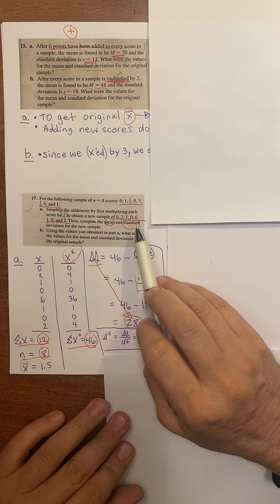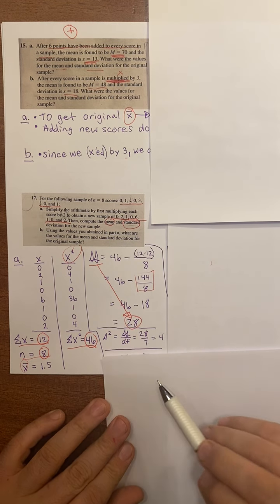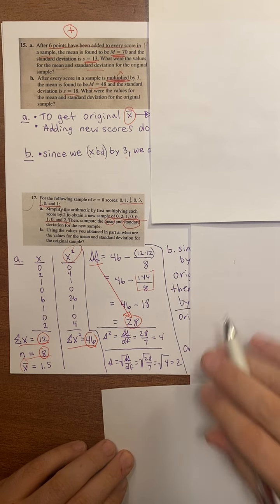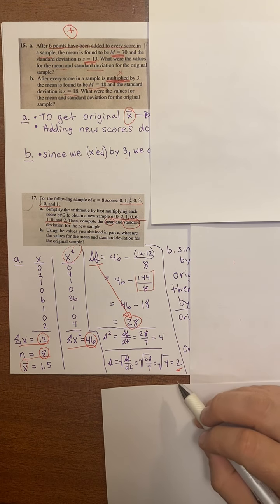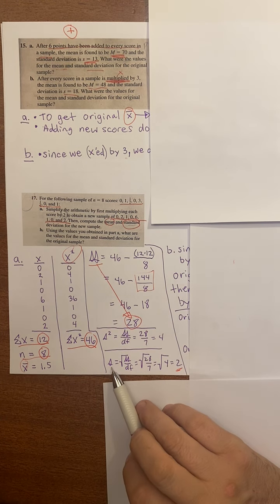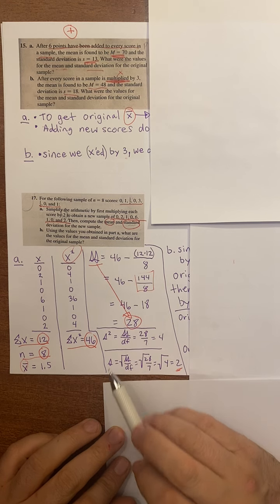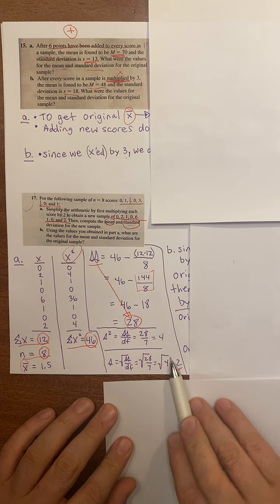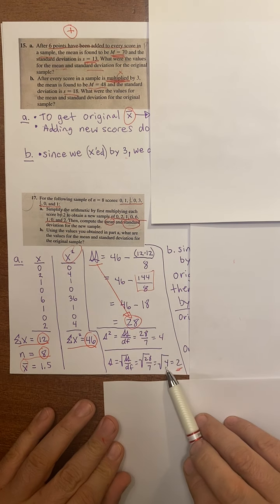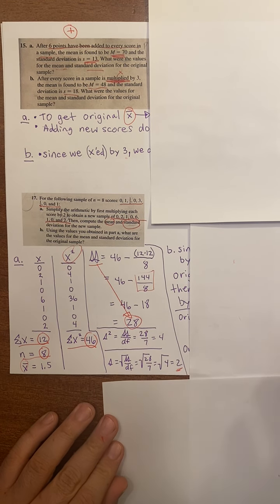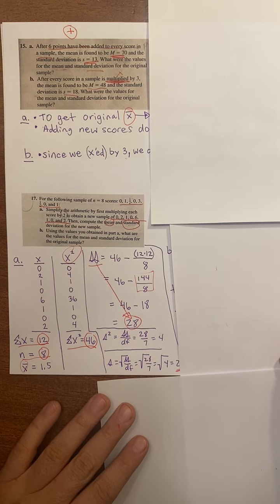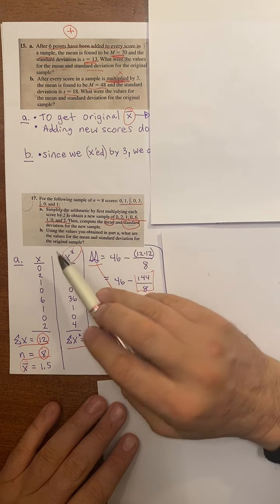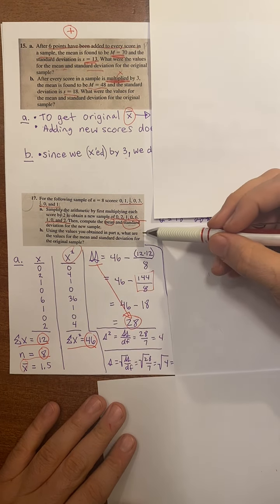And we also found out what our standard deviation was. I don't think I did that. Okay, standard deviation follows from variance. Standard deviation is where you take the square root of the variance. Our variance was 4, and so what's the square root of 4? It is 2.